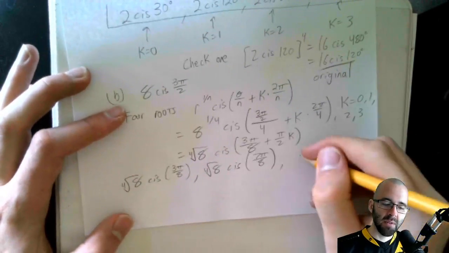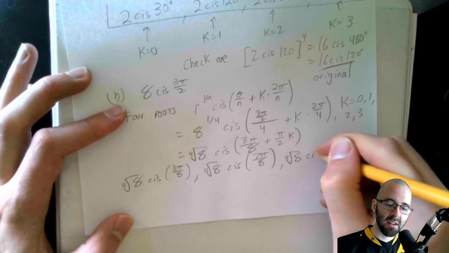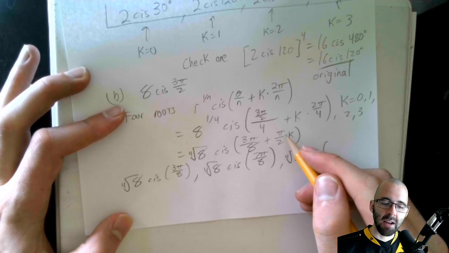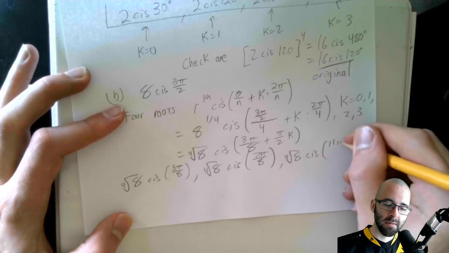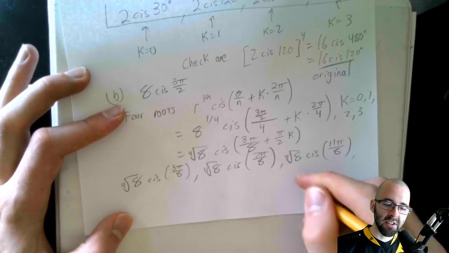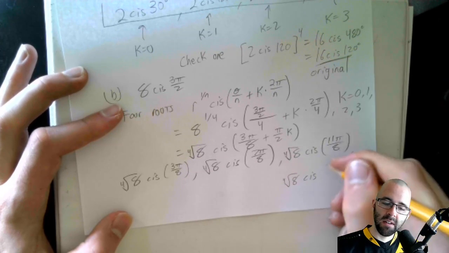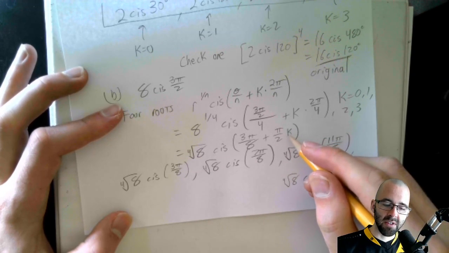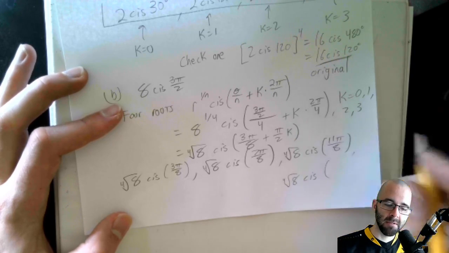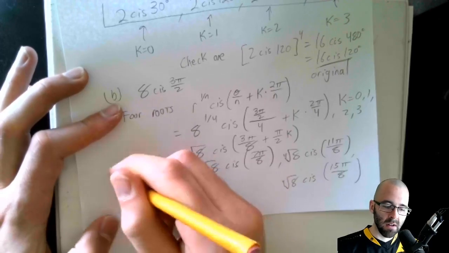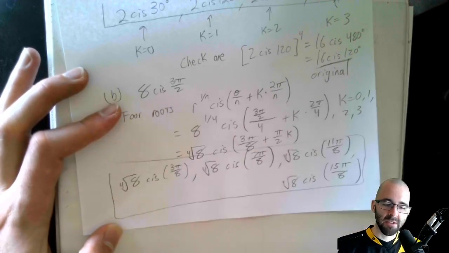When k is 2, we get the 4th root of 8 cis, k is 2, we get plus pi, which is 8 pi over 8. And the last one is when k is 3, which will be 3 pi over 2, which is 12 pi over 8. And those are our 4 answers.